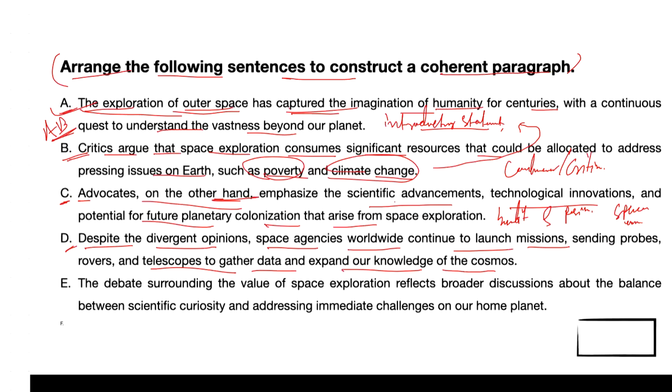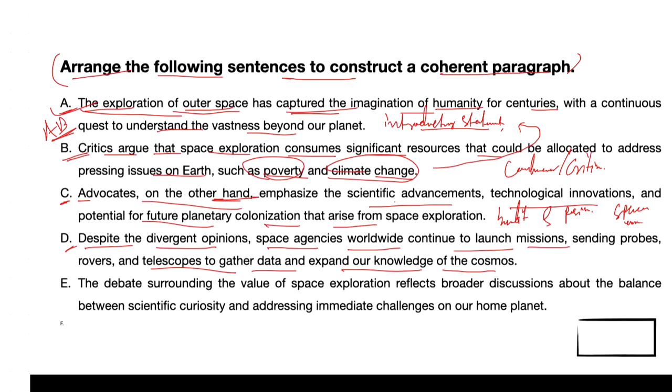It emphasizes the ongoing commitment to expanding our knowledge of the cosmos through the deployment of probes, rovers, and telescopes. On the basis of that, we can say C and D also pair.